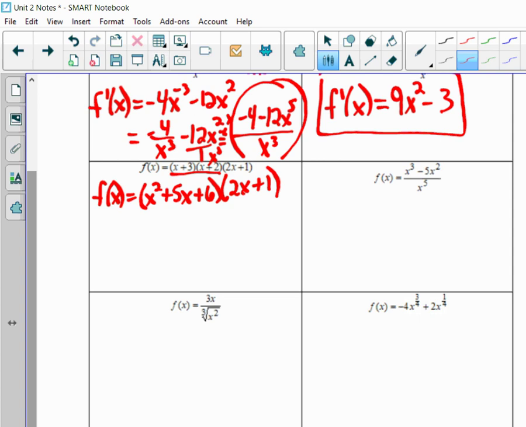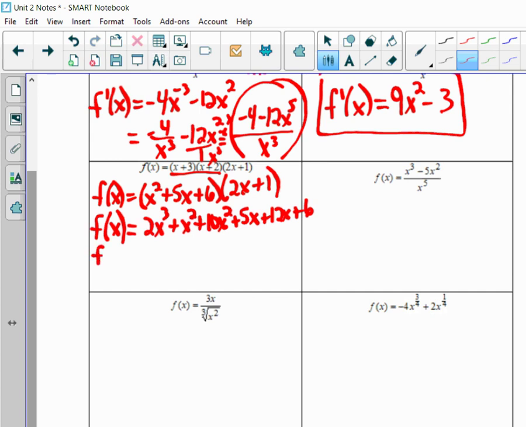But the good news is when I get it down to a polynomial, I can just take the derivative. So I'm almost there. So that would be 2x to the third plus x squared plus 10x squared plus 5x plus 12x plus 6.